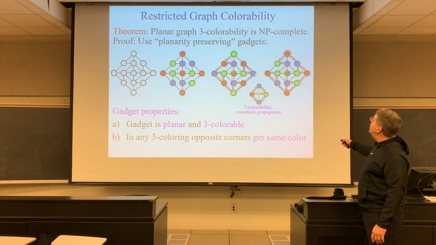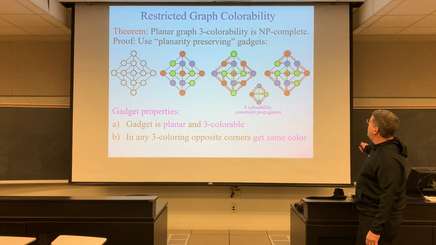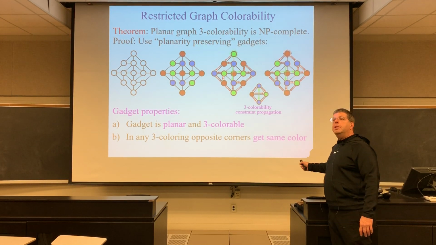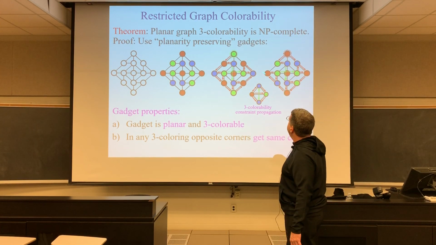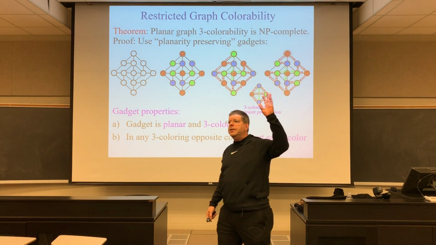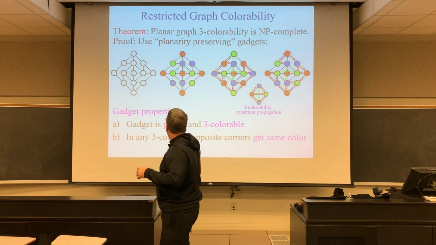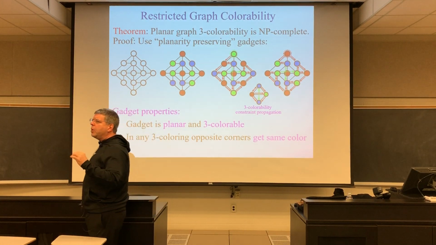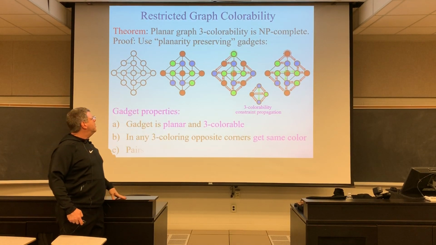And separately, this end and that end must have the same color. Okay? And they could all be the same as each other, all four of them. But that's a special case. But generally, this configuration propagates this color all the way out to here. How many can see that? Okay, pretty straightforward. Right? And that'll be the gadget for substitution, for local replacement that we'll do in arbitrary graphs.